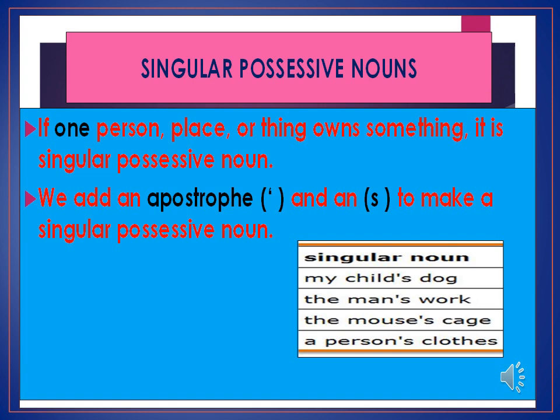When only one person, place or thing owns something, that is a singular possessive noun. We have used an apostrophe and added an s to make it a singular possessive noun. My child's dog. Child is a singular noun to which an apostrophe is added and also an s is added to make it a singular possessive noun.